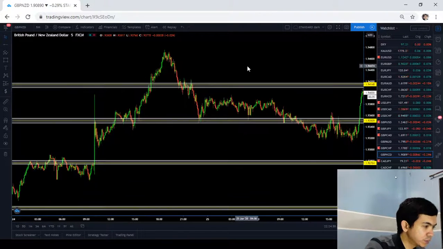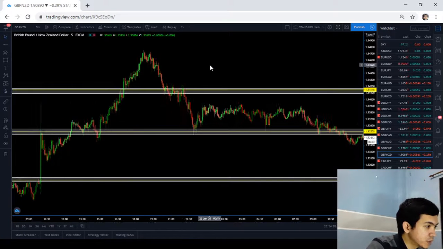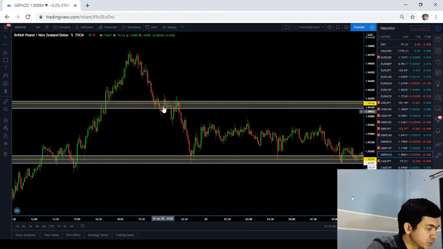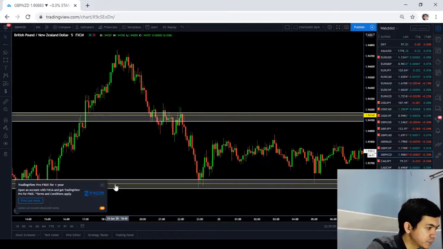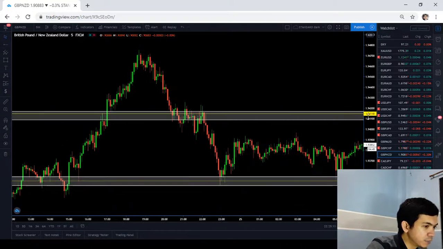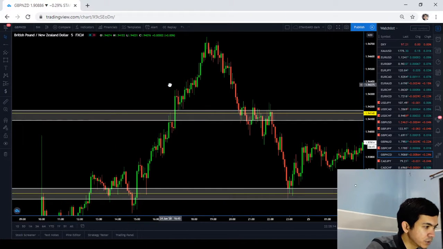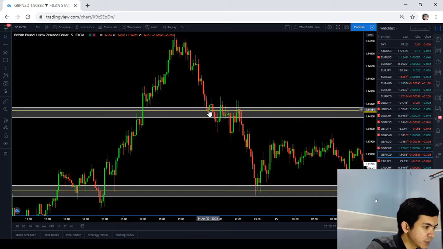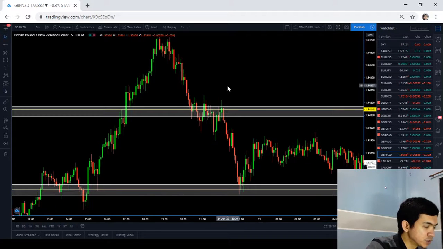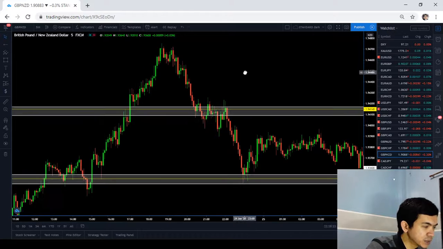We all know that when this structure got broken, we can have our first opportunity where? What did I say? Previous support becomes new resistance. So, normally, for break and retest traders, when a structure is broken, we will look for opportunity once it retests that key level or zone.